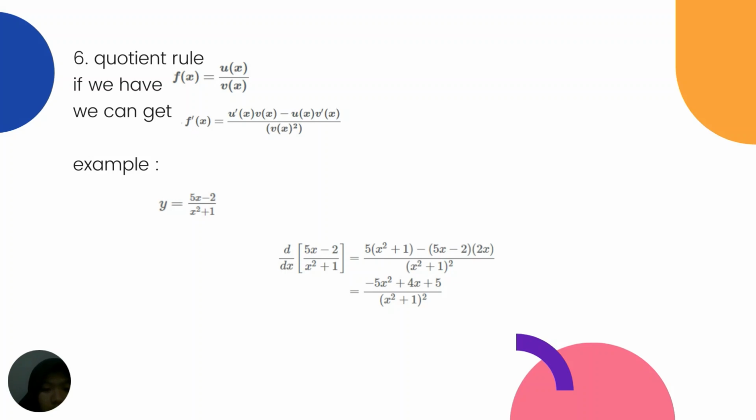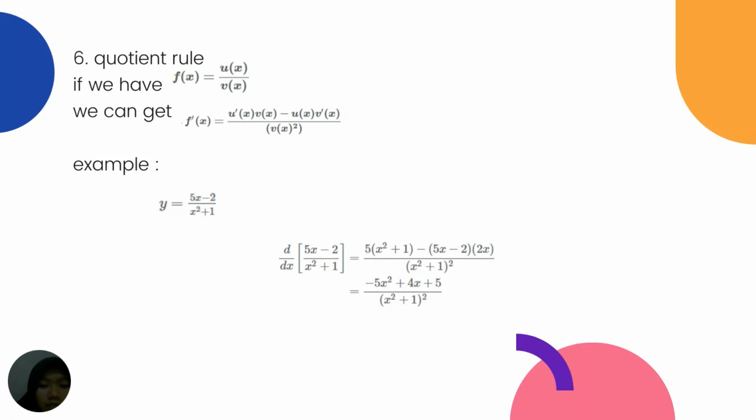And then we can get the derivative of y is d dx of 5x minus 2 divided by x squared plus 1, equal 5 times in brackets x squared plus 1 minus in brackets 5x minus 2 times 2x, divided by x squared plus 1 all to the power of 2.